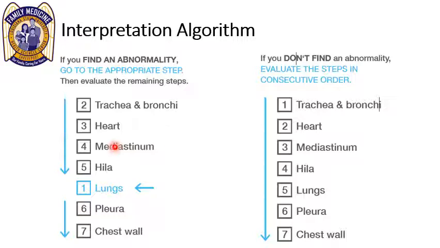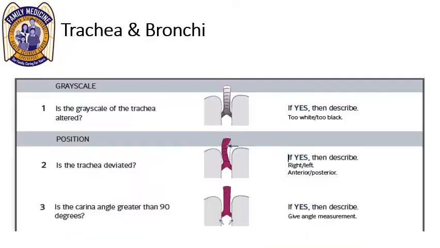So let's say, for example, you're going through the trachea and then the heart, mediastinum, hila, and the lungs, and there's something abnormal there. Then you stop and you say, okay, what do I need to do? And you focus in on that. If you don't find an abnormality, then you would just continue on in that center-moving-out pattern. And remember, this is an alternative approach.